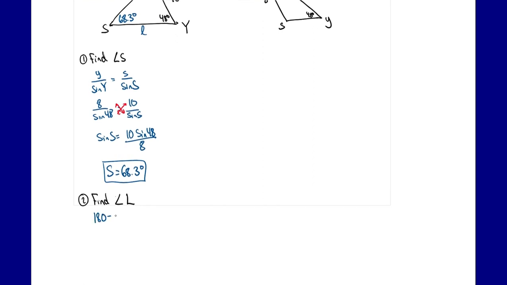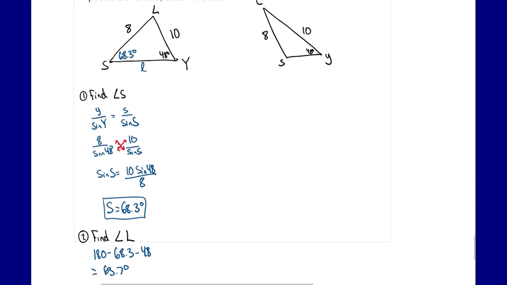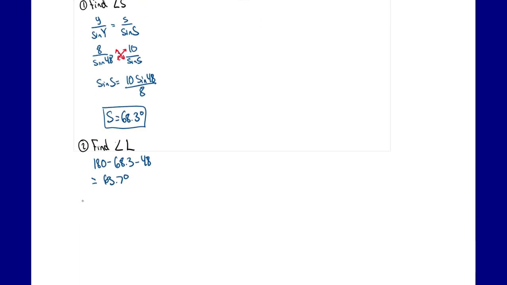So 180 minus 68.3 minus 48 is going to equal 63.7 degrees. So I'm going to fill that out in my triangle, 63.7 degrees. And then my final step now is I'm going to find side L.